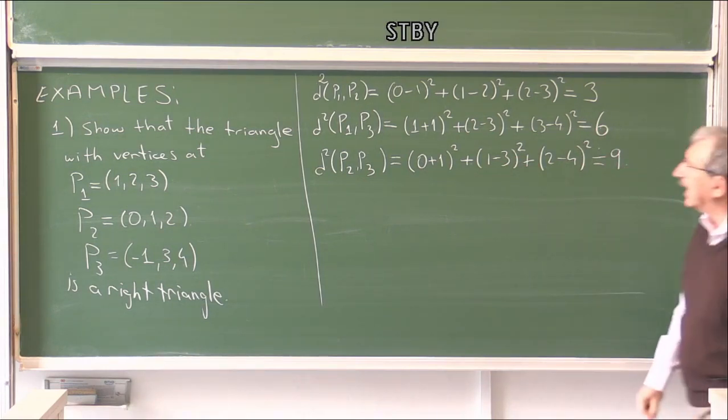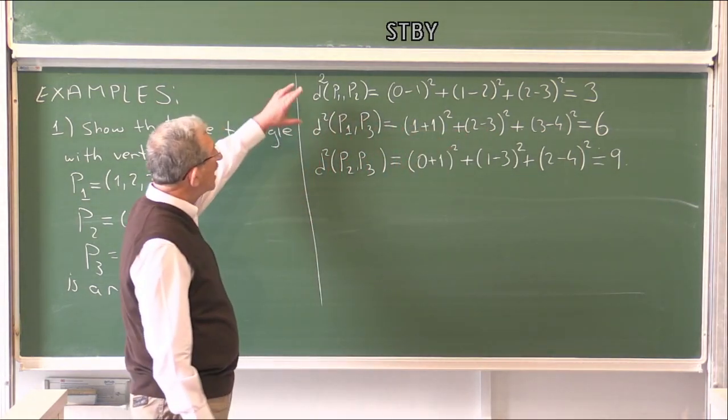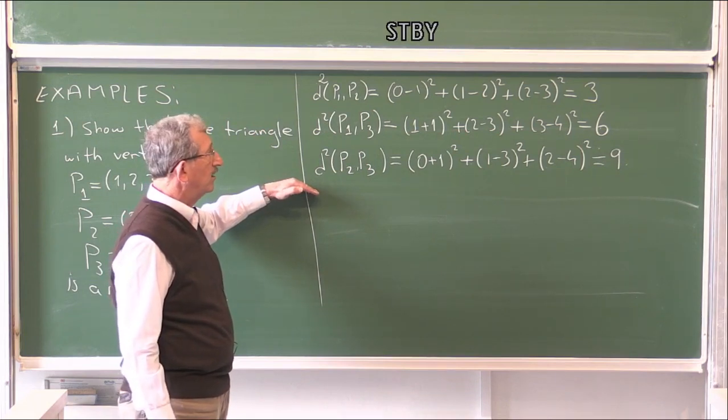This says that the sides squared give us the Pythagorean theorem.